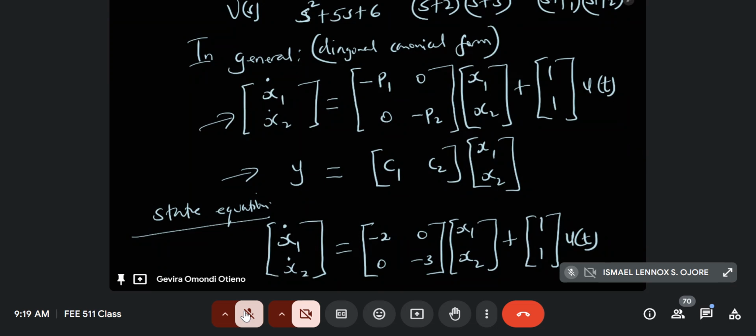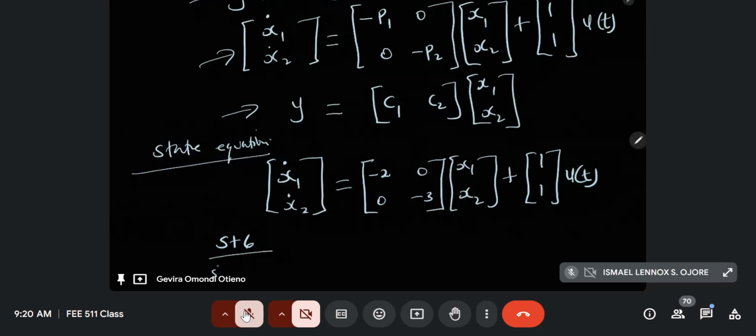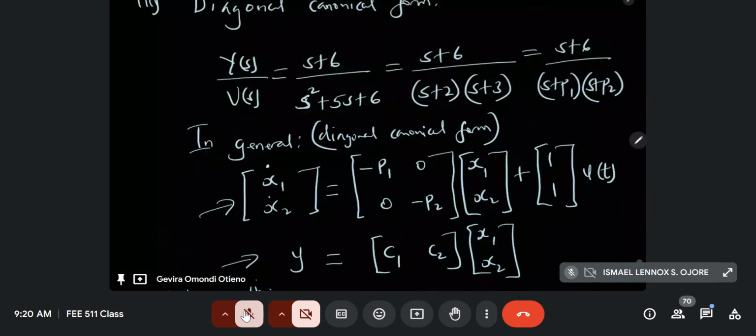But now, how do we get C1 and C2? The equation of output, the matrix C. That is not difficult, because remember, our transfer function is s plus 6 over s squared plus 5s plus 6. Notice that we were factorizing the denominator so that we get the state matrix P1, P2.